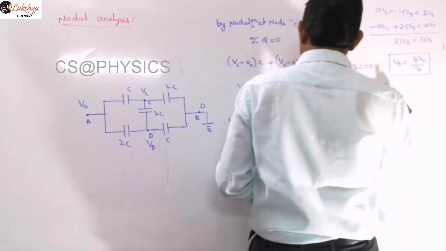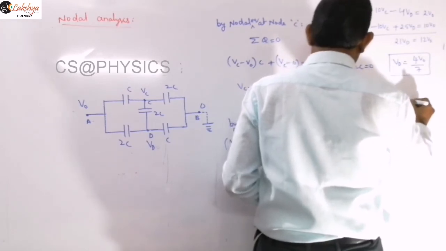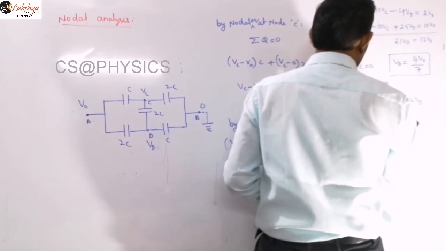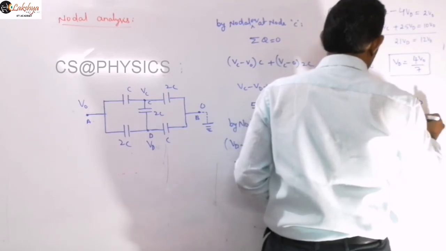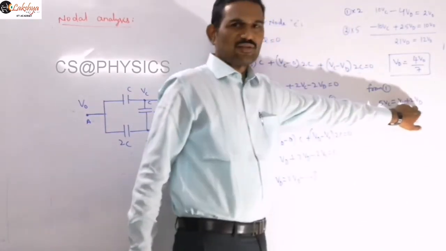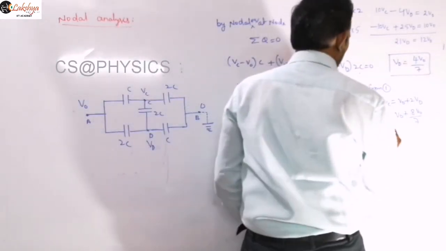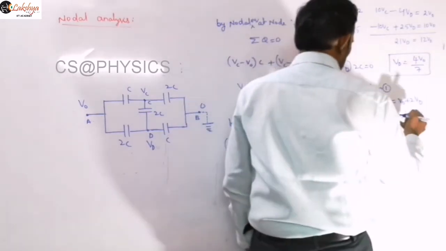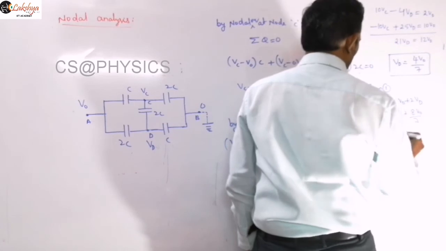equation 1 I can write 5 VC is equal to V0 plus 2 VD. So 5 VC is equal to V0 plus 8 V0 by 7. That means after substituting this VD value there. And therefore we can write VC is equal to 7 plus 8, so 15 you will get.